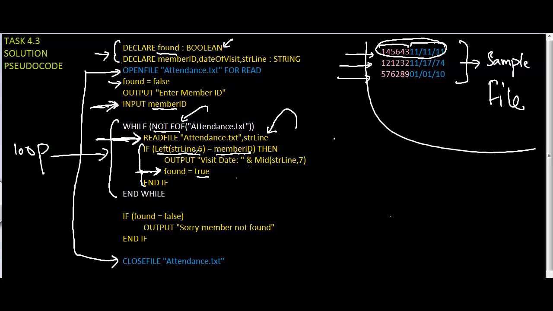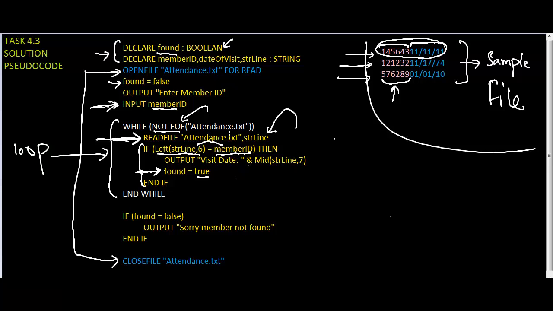So we've used the left function, left string str line comma 6, to extract the first 6 characters. This would give us the member ID found in that particular line, and then we compare it with the member ID that was input by the user. If both of these are the same, that means we found our member in the file.